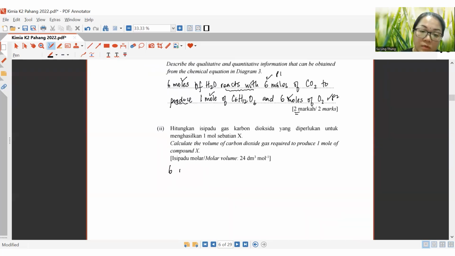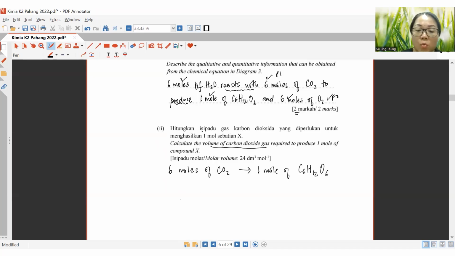So 6 moles of CO2 produces 1 mole of C6H12O6. Now you are required to calculate the volume of carbon dioxide gas required.